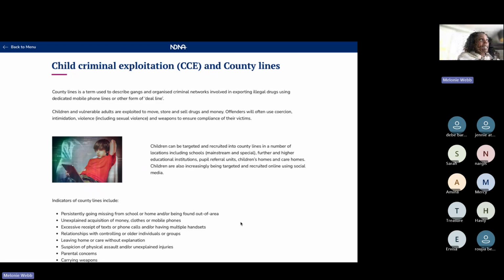Offenders will often use coercion, intimidation, violence, including sexual violence, and weapons to ensure compliance of their victim. Children can be targeted and recruited into county lines in a number of locations, including schools, further and higher educational institutes, pupil referral units, children's homes and care homes. Children are also increasingly being targeted and recruited online using social media.